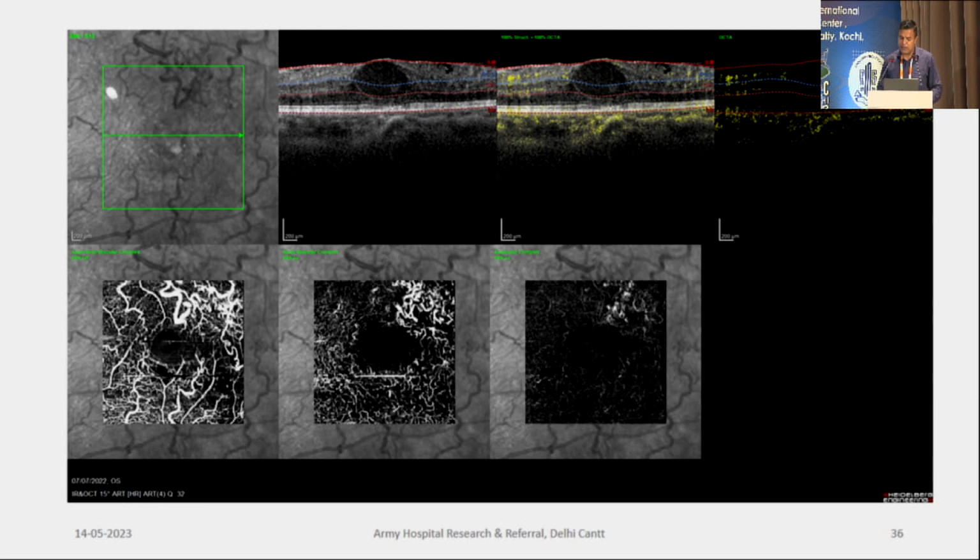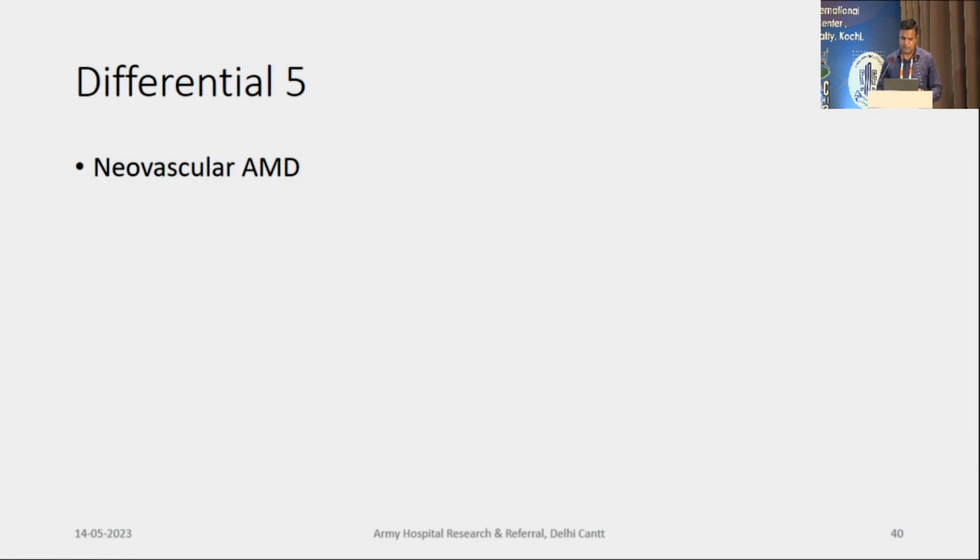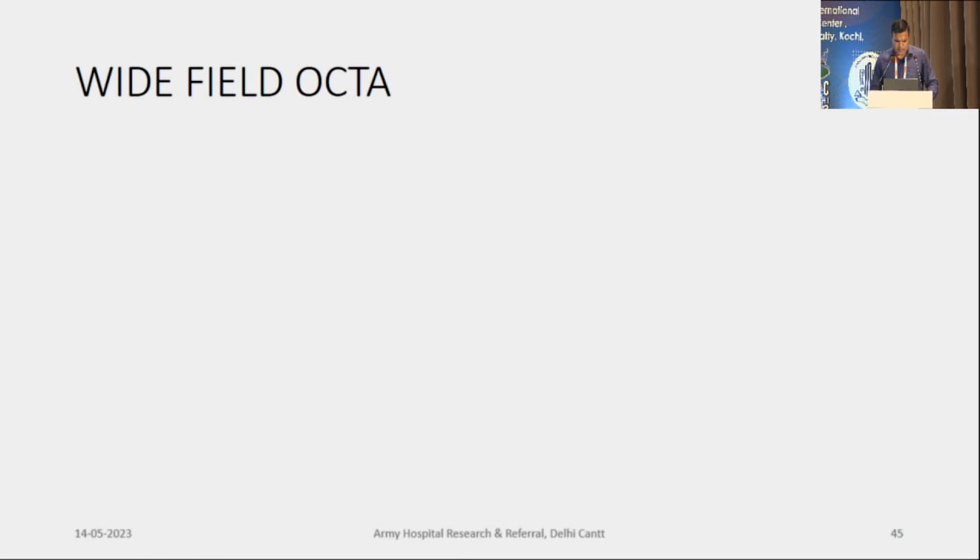But try to see that they are not symmetrical along the foveal superior and inferior axis. So this is one hint which tells you that we are not dealing with a case of Mactel. I'll come to my slides on wide field OCTA for the sake of time.